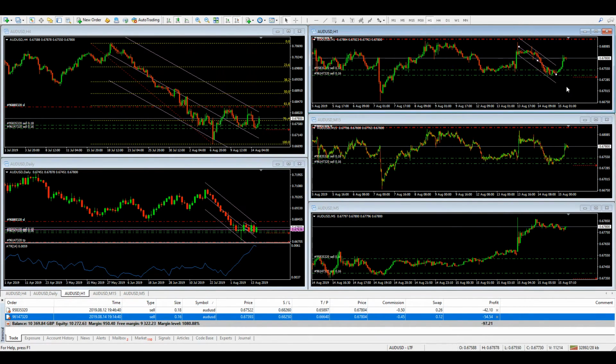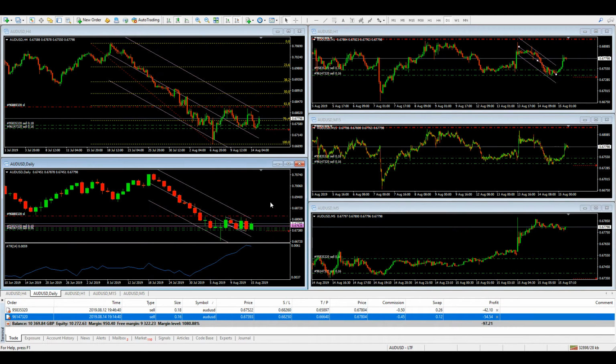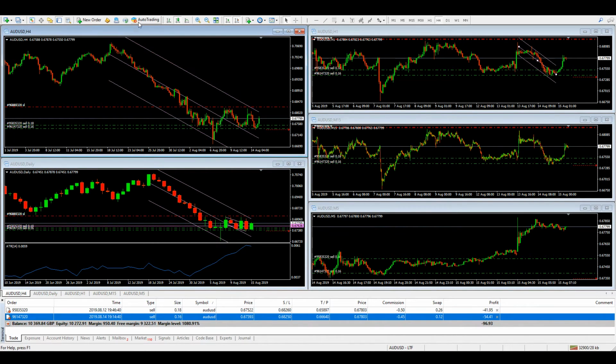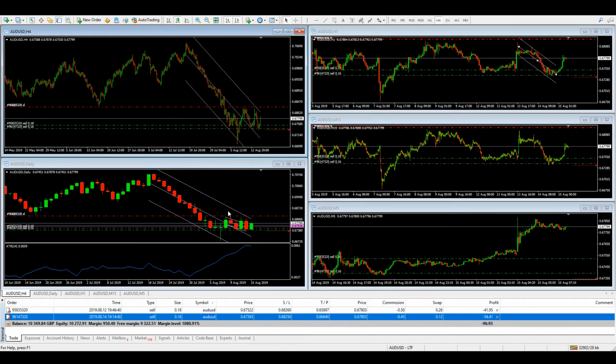It's kind of reversed around, so it's not looking so great on these lower time frames in terms of what I want the price to do, but there's still enough context on the daily to hold these positions to the short side, because the daily and the 4 hourly, let's get rid of that fib, is still kind of doing what I need them to do.